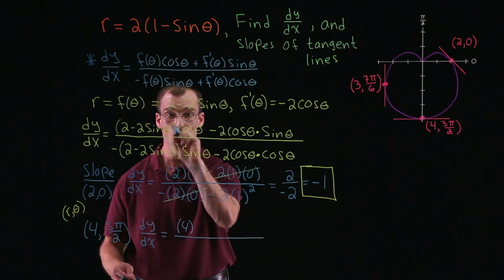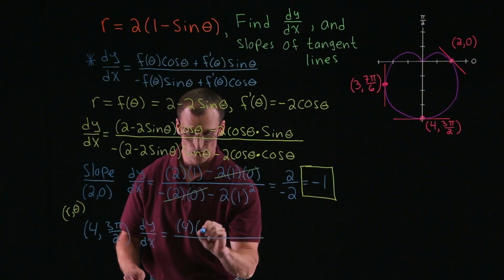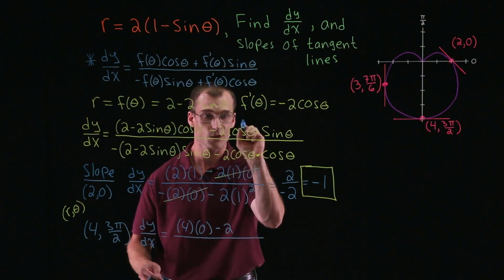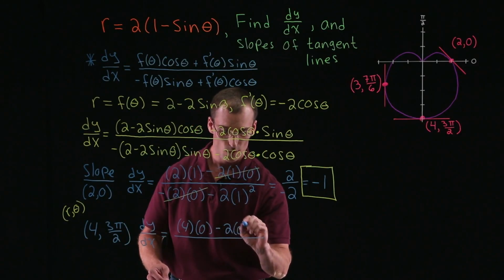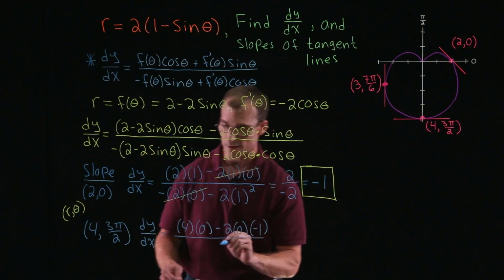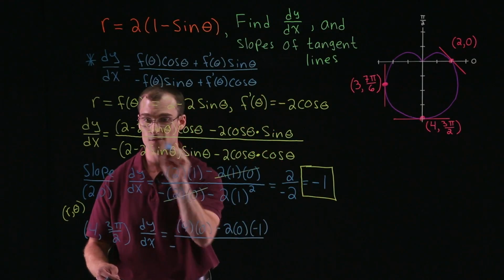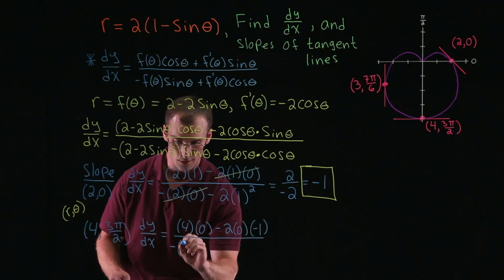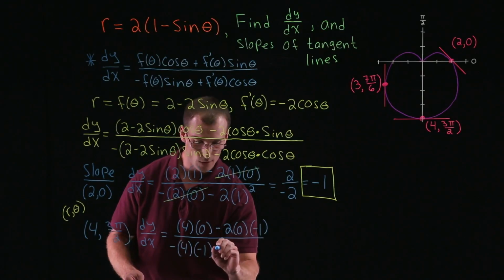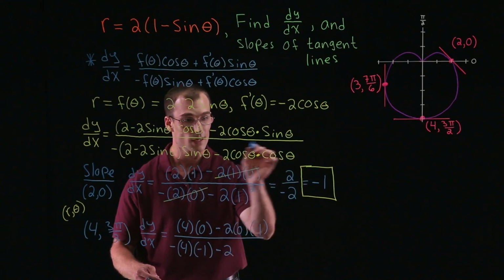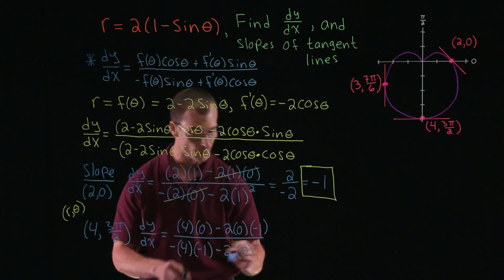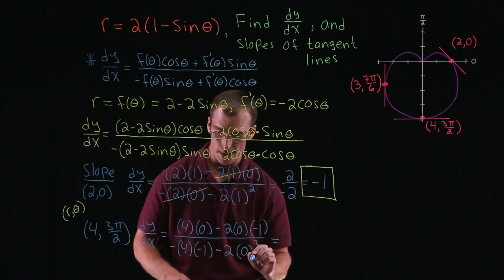And then times cosine of 3 pi over 2, which is 0, and then minus 2 times cosine at 3 pi over 2, which is 0, and sine at 3 pi over 2, which is negative 1, and divided by negative, and 2 minus 2 sine theta is just r, so that's negative 4 times sine at 3 pi over 2, negative 1, and then minus 2 times, think of this as cosine squared, at 3 pi over 2 would just be 0 squared.